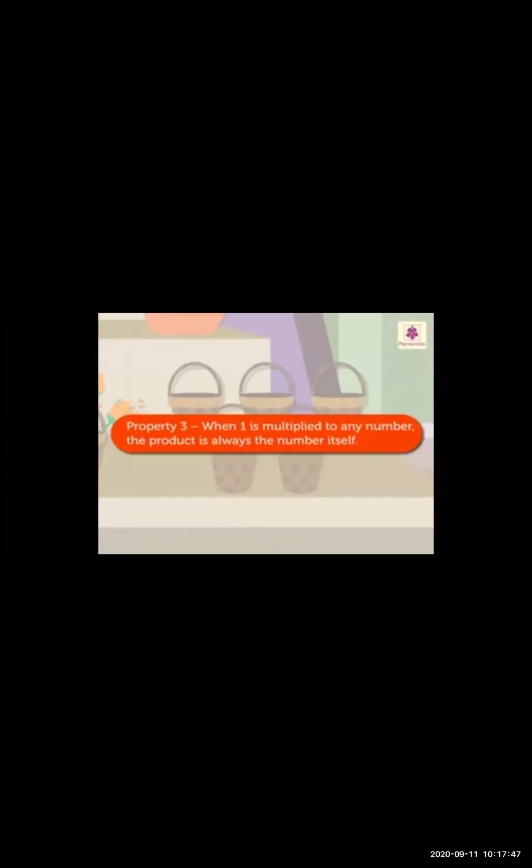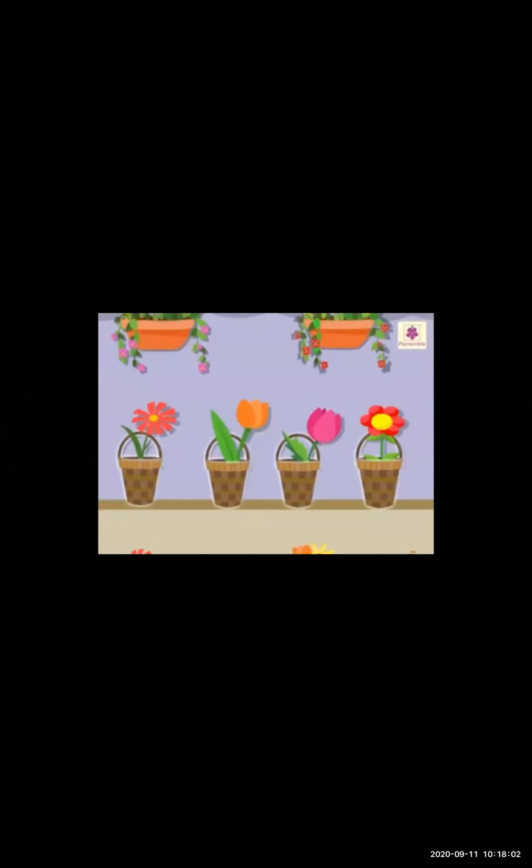Property 3. When 1 is multiplied to any number, the product is always the number itself. Look, there are 4 flower baskets here. Each basket contains 1 flower in it. How many flowers are there altogether? Here, there are 4 baskets and 1 flower in each.